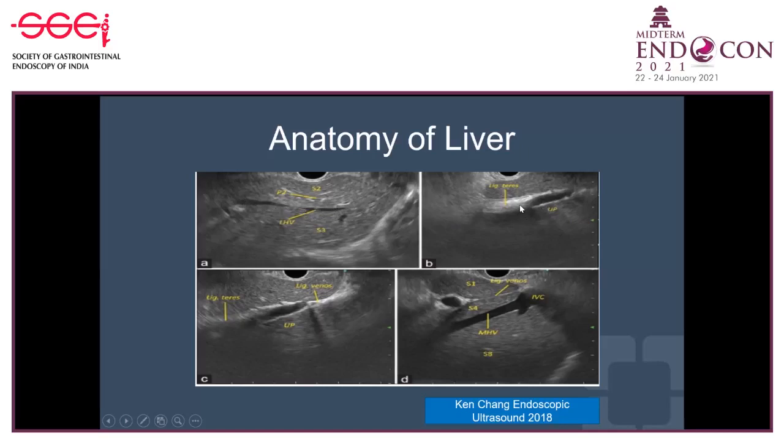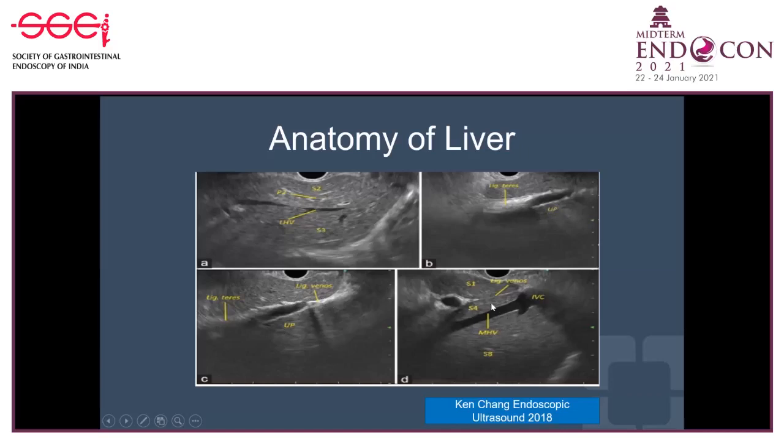Now, as you push the endoscope in a little bit more and turn clockwise, you see a thick echogenic band, that's the ligamentum teres, originating from the umbilical portion of the portal vein. And as we continue to turn clockwise, you see the ligamentum venosum.